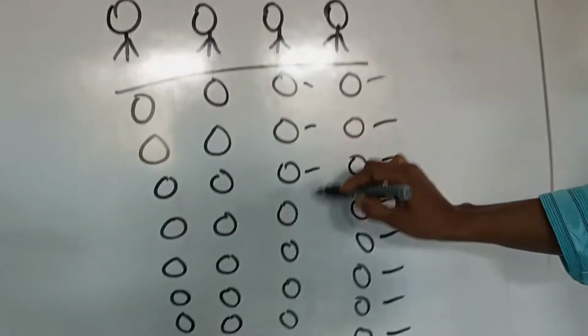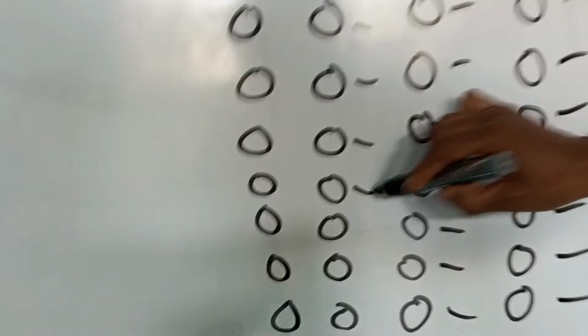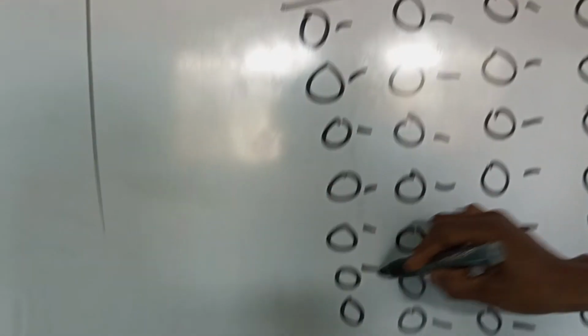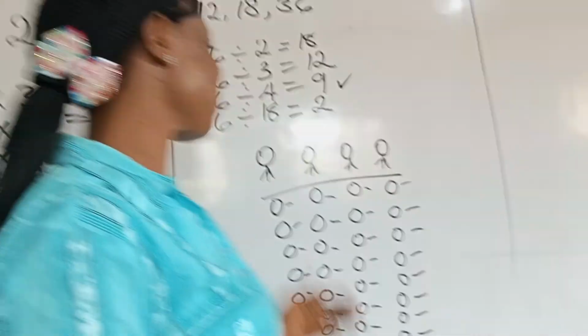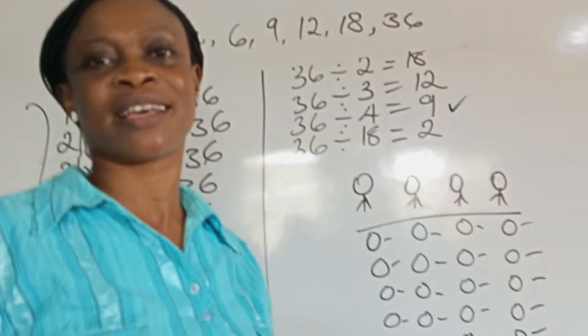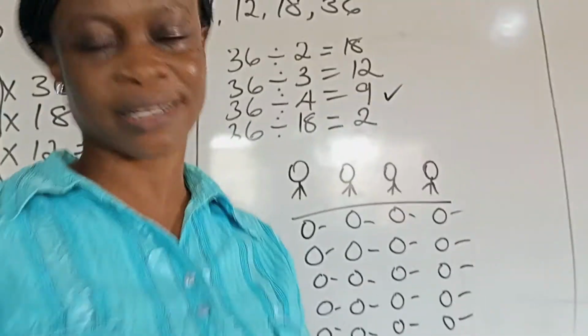Each of the four people has 9. Have you seen that? So I've just proved to you that 4 is a factor of 36 and 9 is also a factor of 36.